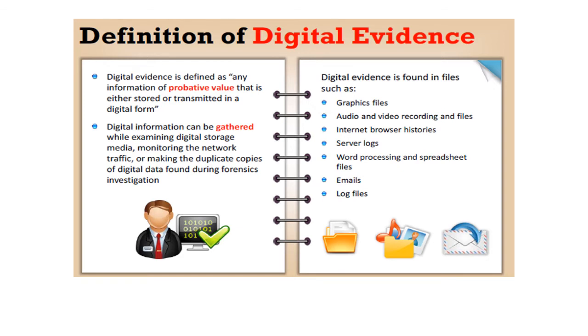We're basically saying this digital information can be collected while we're examining digital storage media, when we're monitoring the network traffic, or when we're making duplicate copies of the digital data that is found during the forensic investigation. So these are some of the ways, means or methods in which digital information can be collected or gathered.